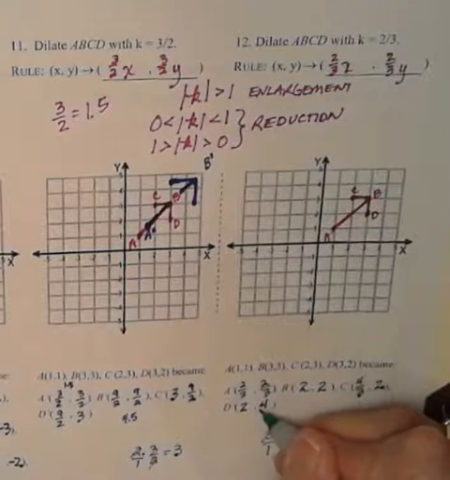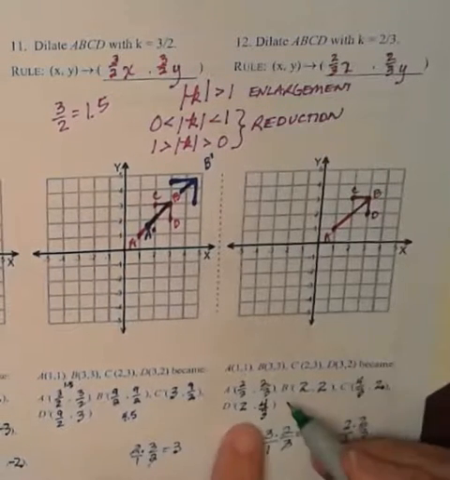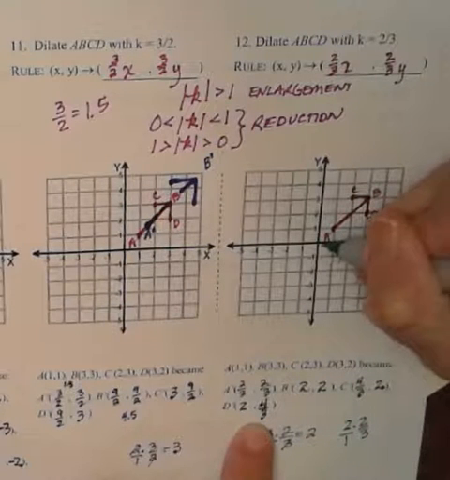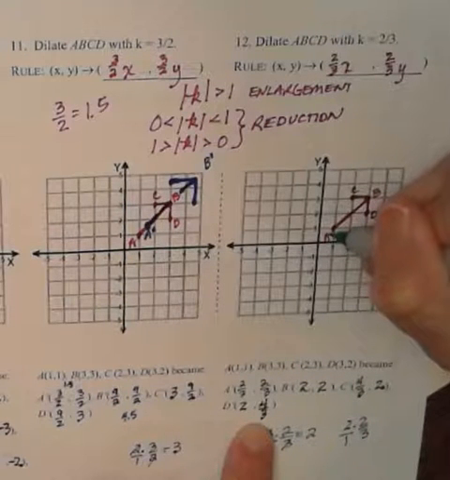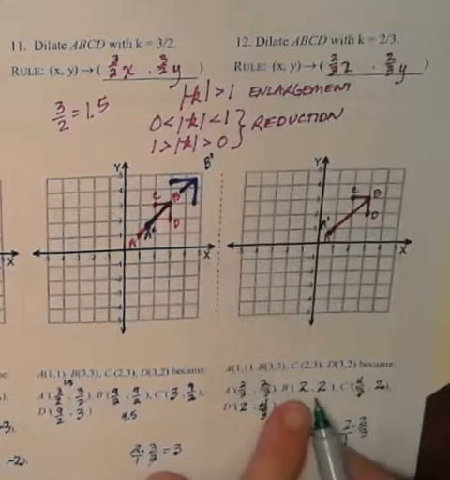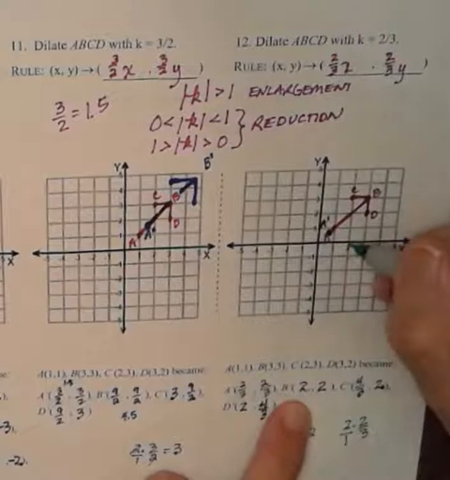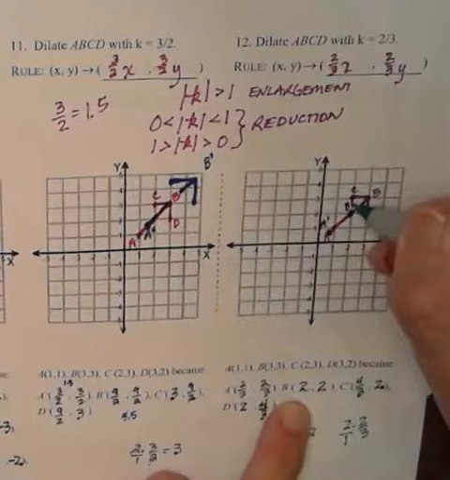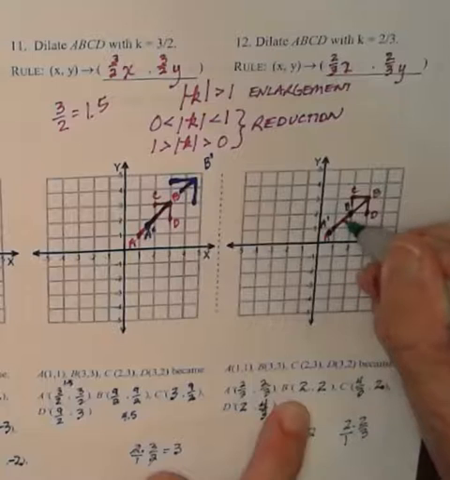And we're going to plot these points. So instead of going run 1, rise 1, we're going about 2/3 of the way over, 2/3 of the way up. And in green, I'm trying to do a new A prime. And for B prime, we're just going to go 2, 2. There's B prime. And you can indeed see that we've gotten smaller right here.